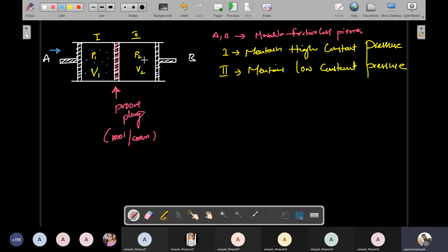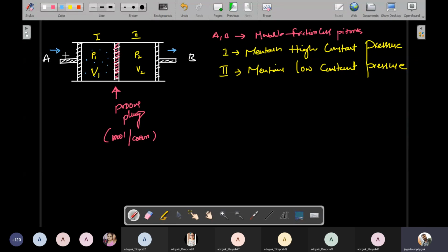The volume will be expanded in chamber 2, so the piston moves in this direction. Since these are two movable frictionless pistons, if the gas volume expands, the piston is automatically pulled in the arrow direction.